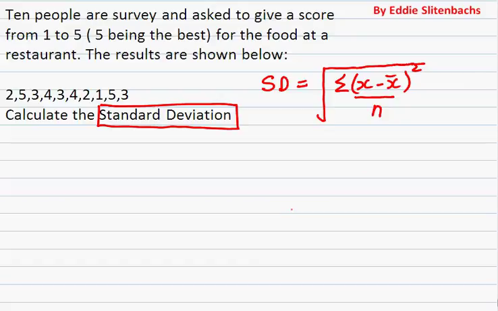So we're going to set up a table here. I'm going to go x. Now previously we worked out that our mean was 3.2, so I'm going to go x take x bar, okay, so that means the score take away the mean.